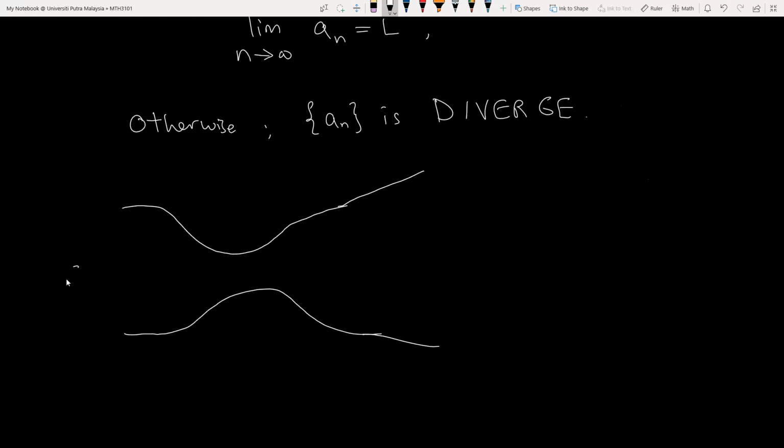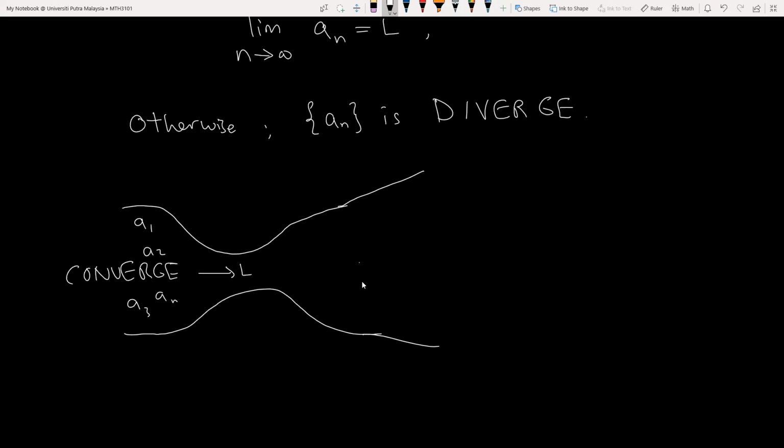So this is converge, because all the values here, let's say this is a_1, a_2, a_3, a_n, go to some value right here. Let's say this is L.